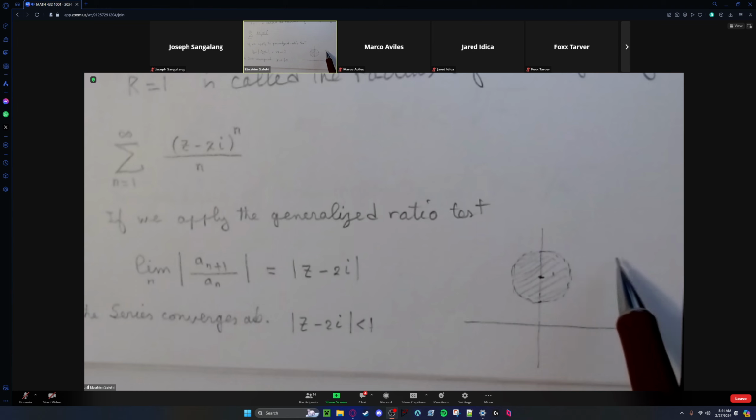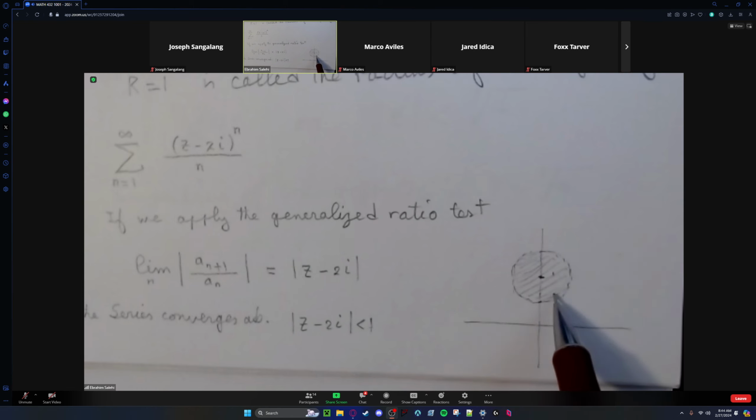But if you choose a point outside, it diverges. Now, inside the disk of convergence, this power series behaves very well, like a polynomial. And that's what we like.